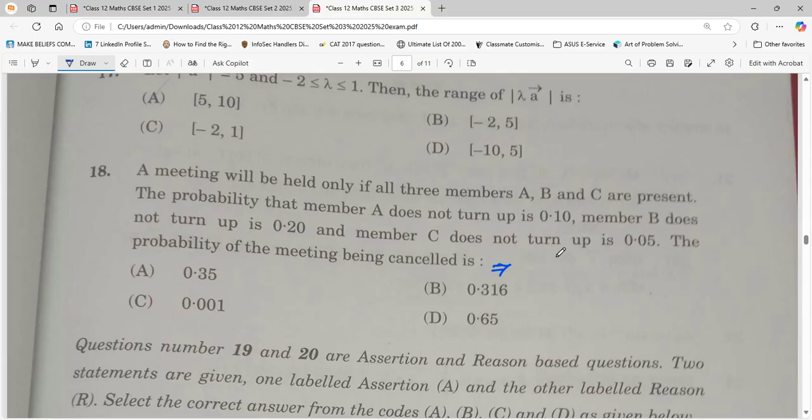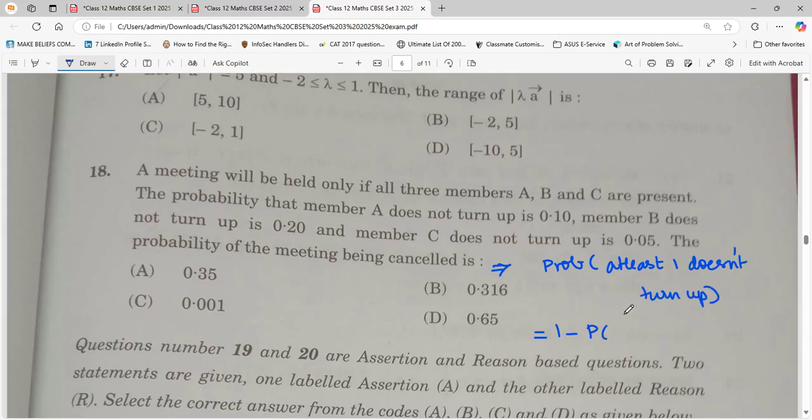The probability of the meeting being cancelled. So when does the meeting get cancelled? When at least one person does not turn up. Correct. So the probability that you have to find out is the probability that at least one does not turn up.